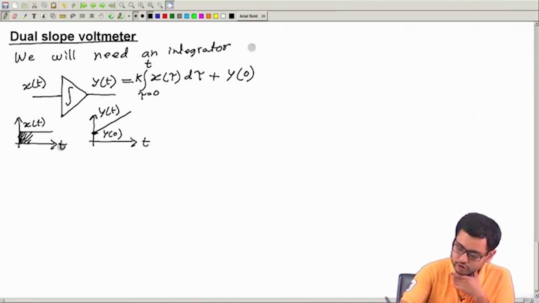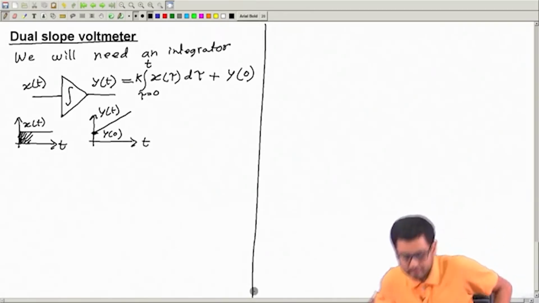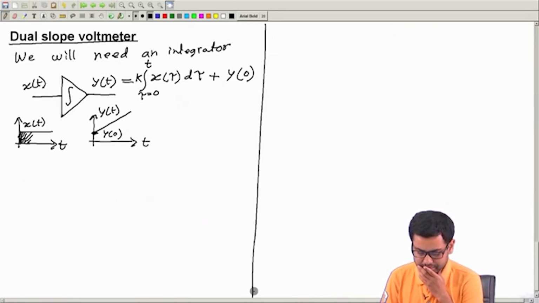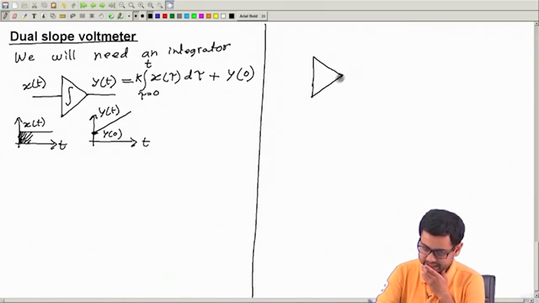Then what we will do? We will take the integrator.